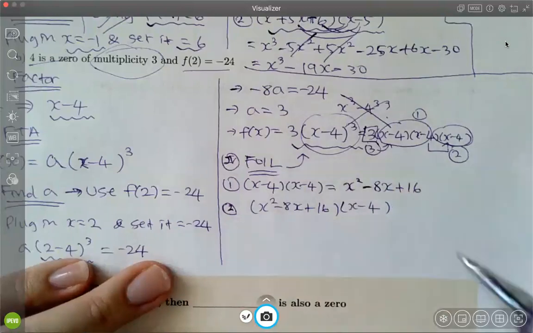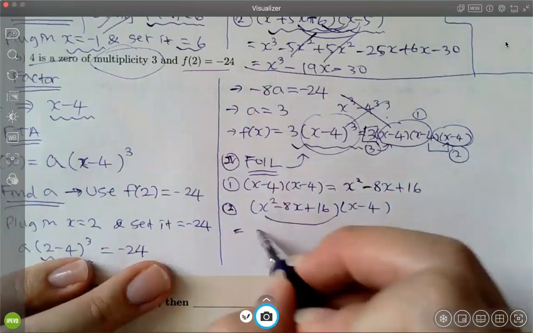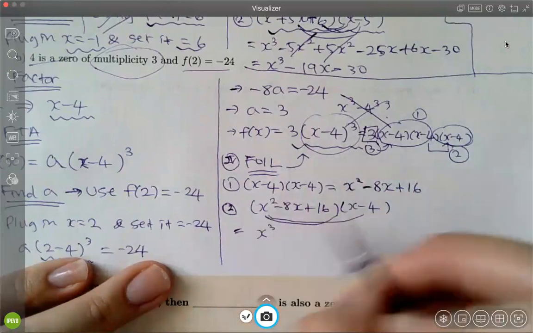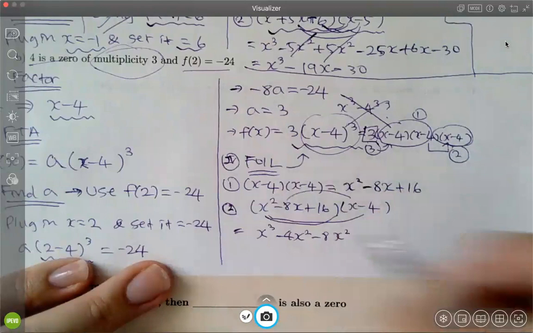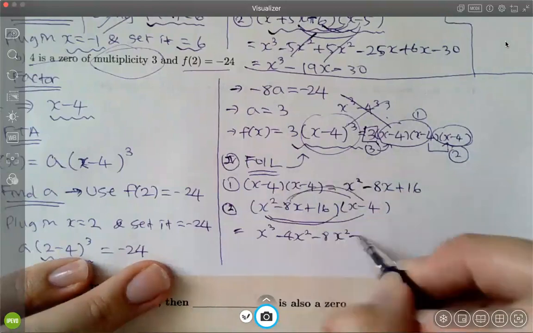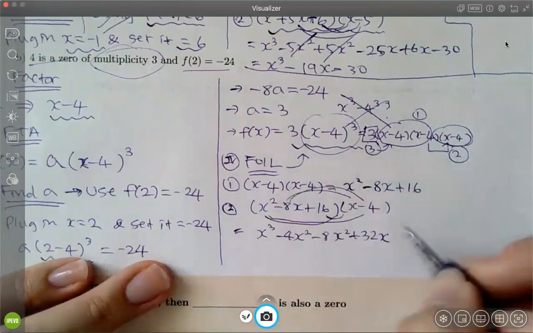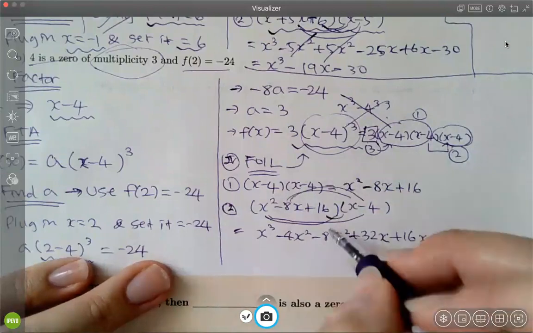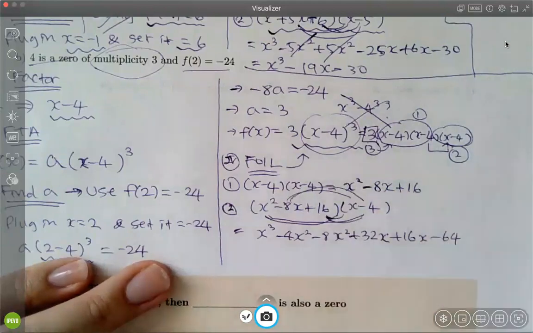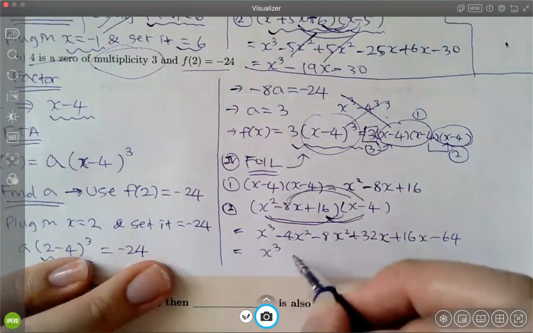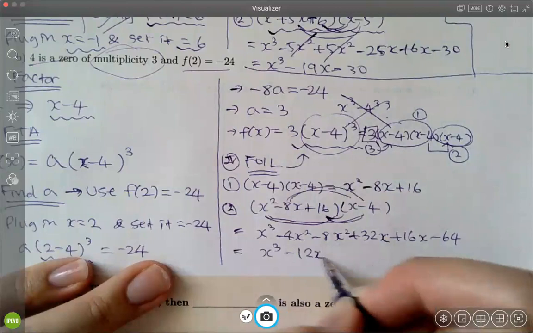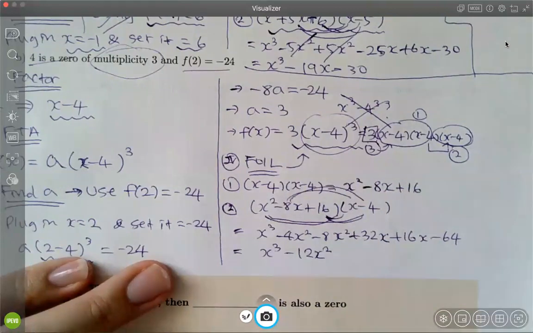So what is this? x cubed minus 4x squared minus 8x squared plus 32x, and then plus 16x, and then minus 64. And so what is this? x cubed minus 12x squared, and then plus 48x minus 64.